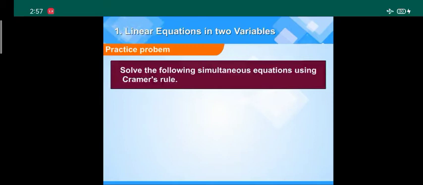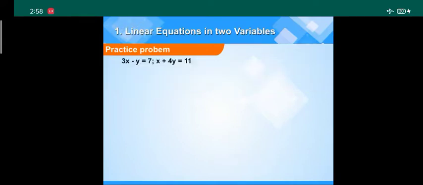Solve the following simultaneous equations using Cramer's rule. Problem number 1. 3x minus y is equal to 7 and x plus 4y is equal to 11. Solution. We have given equations.